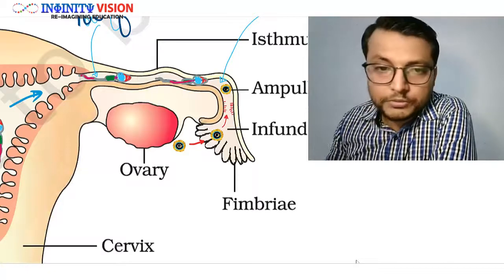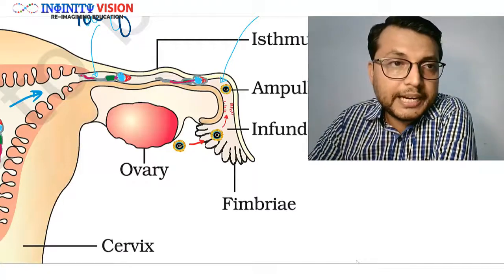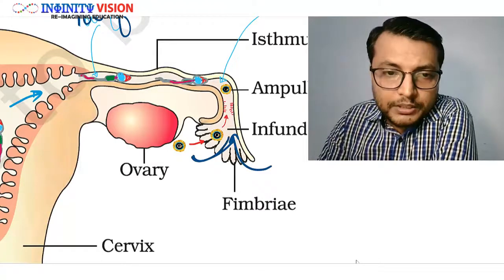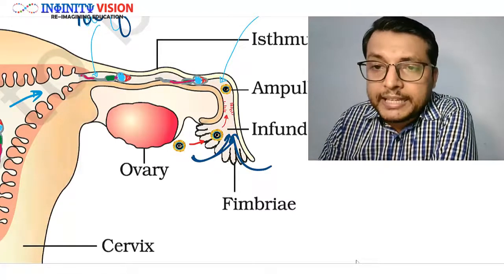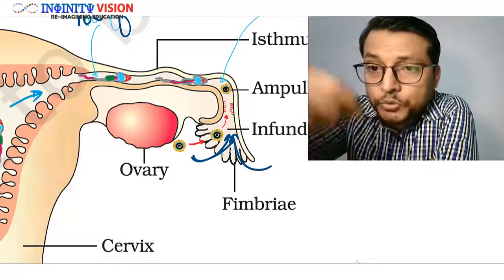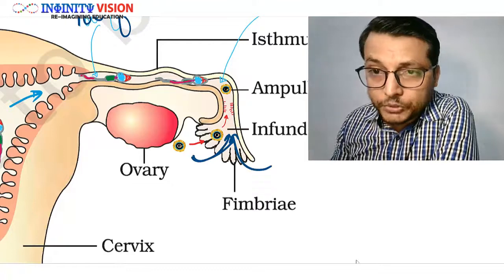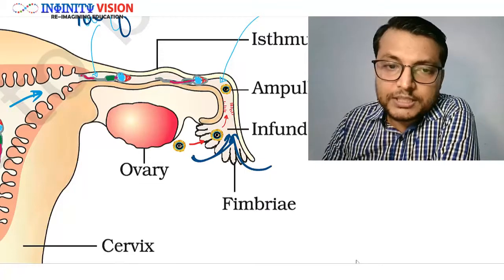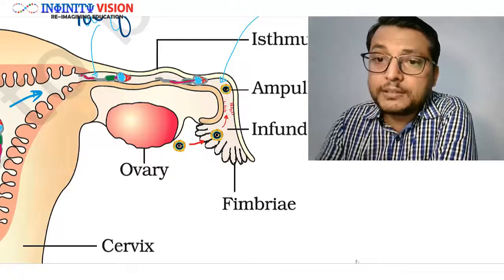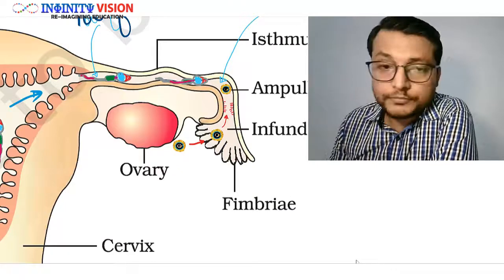So water will go in. As a result, even the ovum along with water will move inside. Okay, great. So this is how the cilia beat, and this is the function of cilia here, to assist the movement of ovum. Finally, what happens?